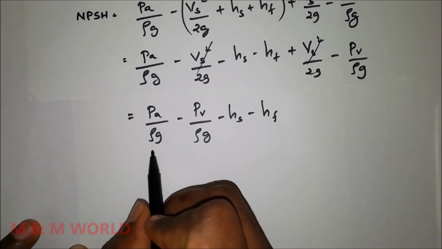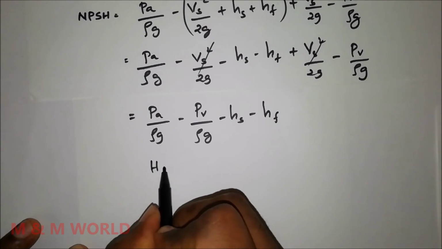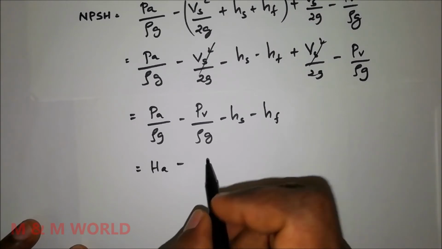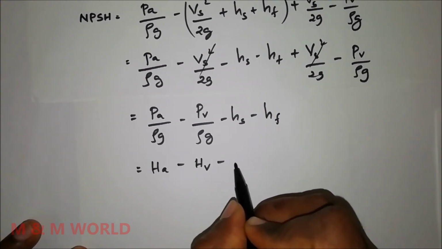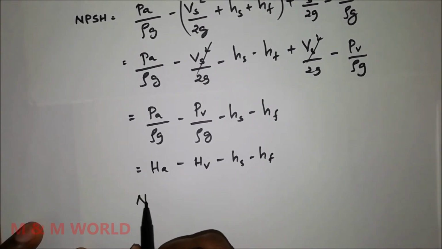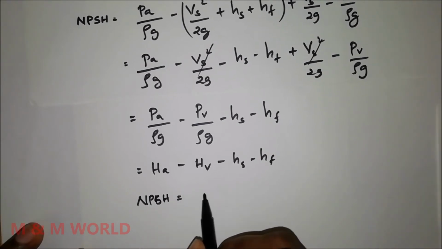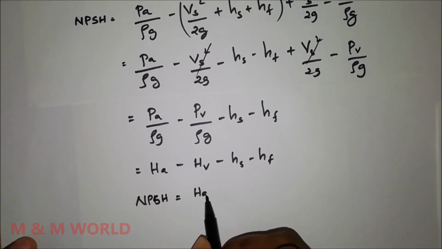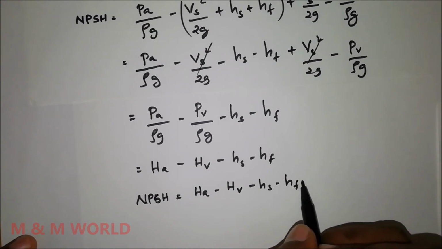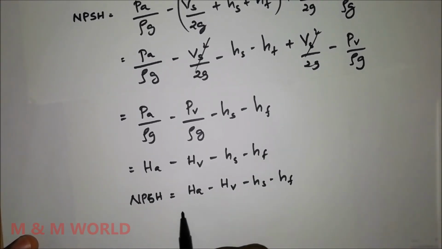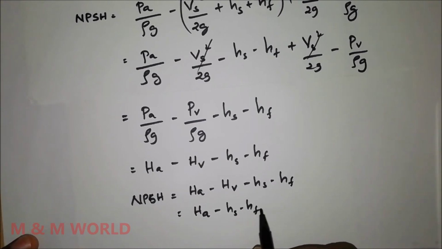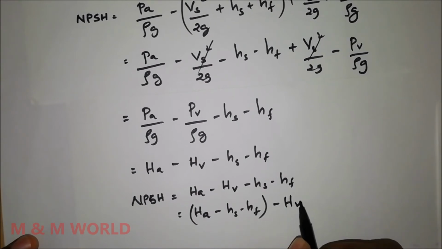So this Pa by rho g is the atmospheric pressure head, which can be written as Ha, and PV by rho g is the vapor pressure head, that is Hv. So NPSH is equal to Ha minus Hv minus Hs minus Hf, or it can again be written as Ha minus Hs minus Hf minus Hv.